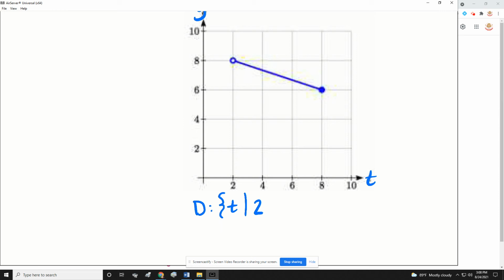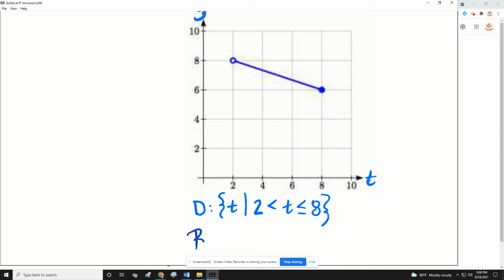And because it's an open circle, it's less than. And then our t. And then we're going all the way to 8 on the right side. So I have another less than. This time, because there is a closed circle, it's going to be less than or equal to 8. All right, so that's set builder notation. And you would say t such that 2 is less than t is less than or equal to 8.